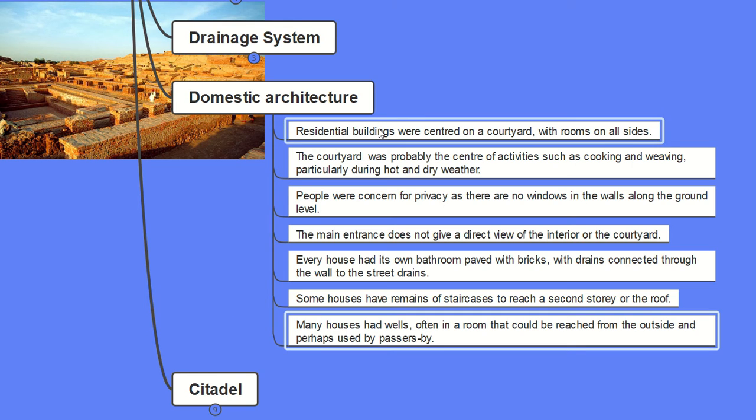So the construction of the house is very clearly evident for us because we have certain evidence found by the archaeologists.